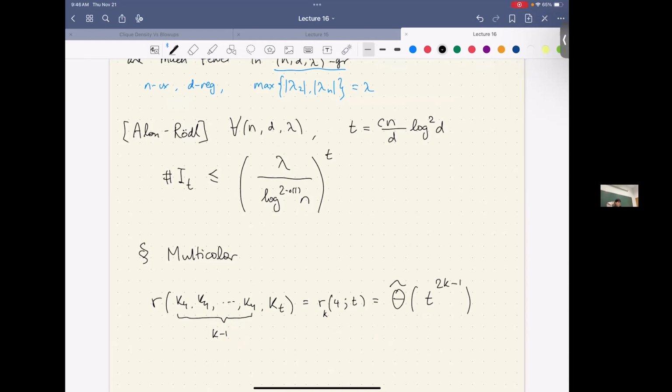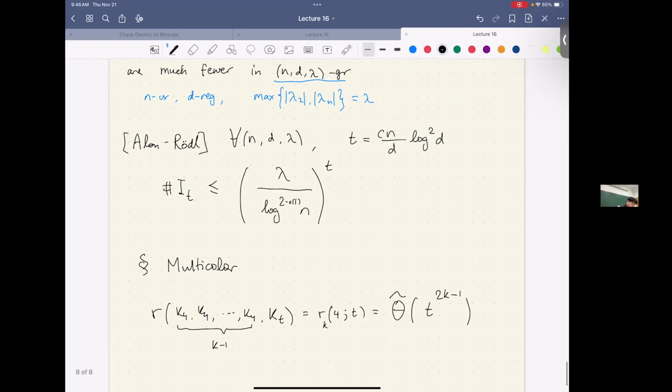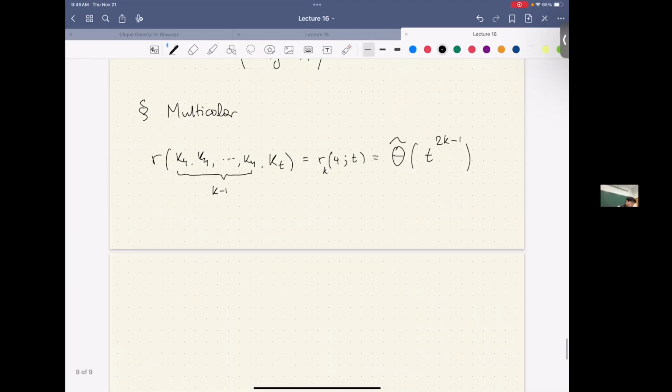Okay, so how do you prove this? The idea is from this Alon-Rödl paper that I mentioned. Basically, let me briefly mention how they do that. You take this K4 Ramsey graph, and then you take its blow up. Now you take random overlaps of K minus 1 copies of them together, and that's it. That's the idea.